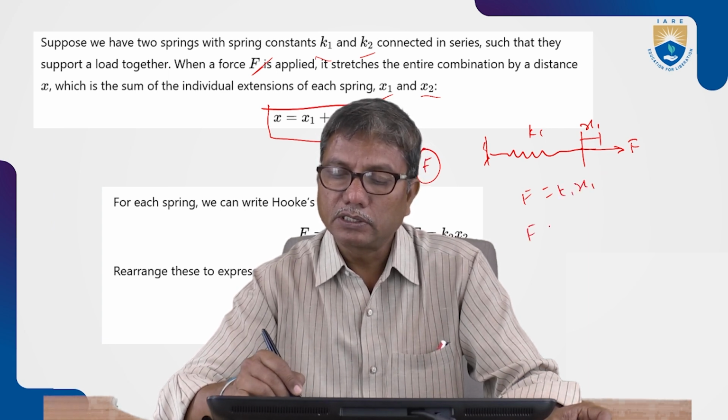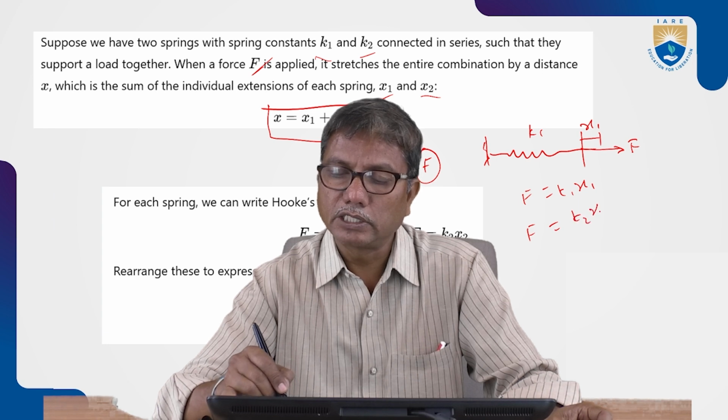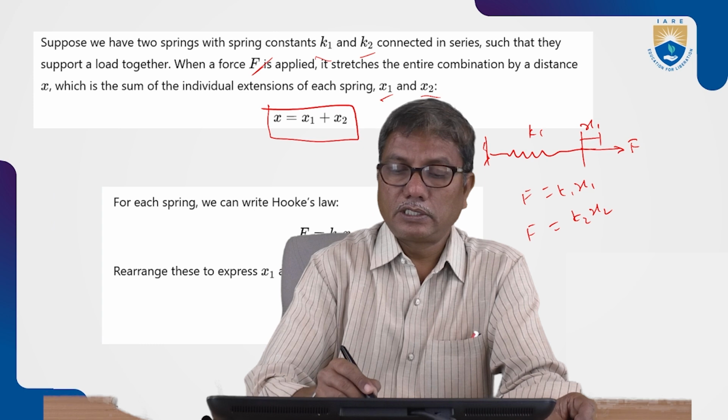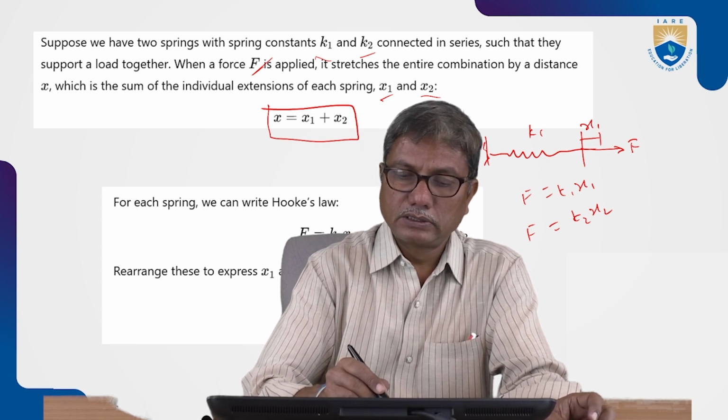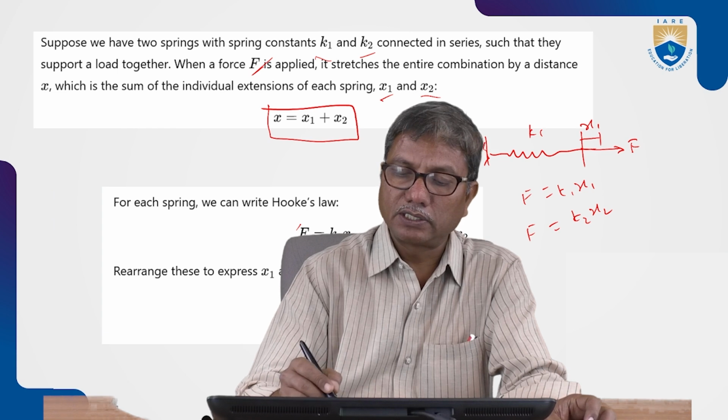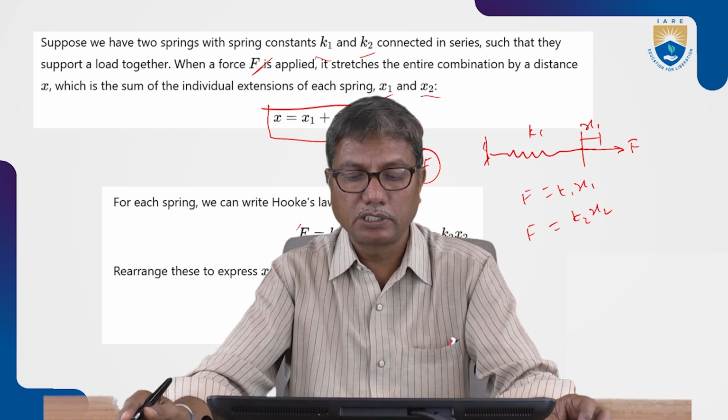Same is the case with the second spring, F equal to K2 X2. Now X1 in terms of F and K. From this, X1 is F by K1 and X2 is F by K2.